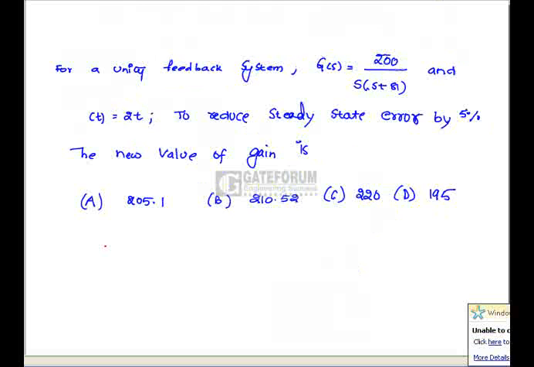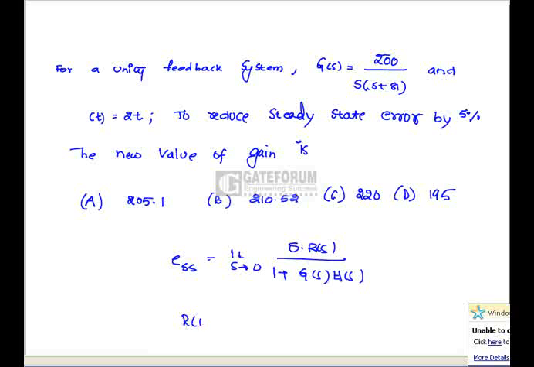For a unity feedback system, G(s) equals 200 by s into s plus 8 and r(t) equals 2t. To reduce the steady state error by 5%, the new value of gain is... We know the steady state error ESS is given as limit s tends to 0 of s into R(s) by 1 plus G(s)H(s). Here R(s) equals 2 by s square, the Laplace transform of 2t, and H(s) equals 1.